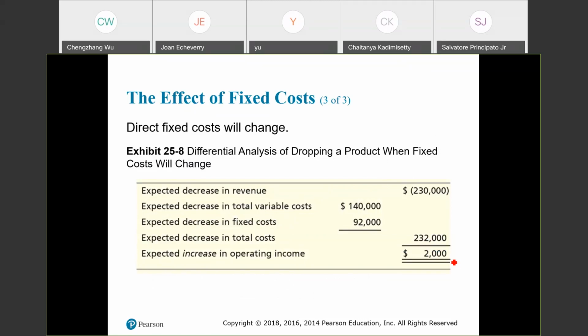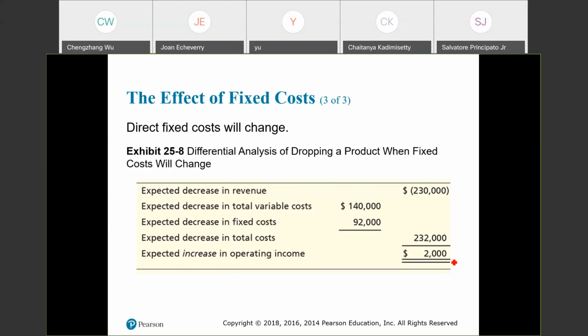Well, let's see another case. Direct fixed costs will change. In this scenario, instead assume the company is manufacturing the premium tablets in a separate facility.